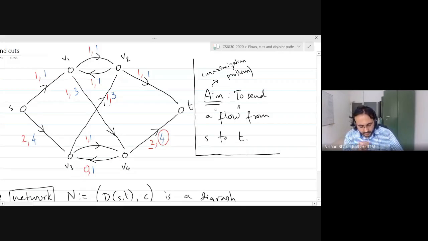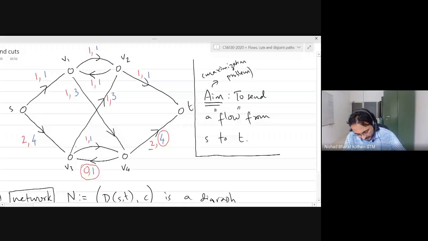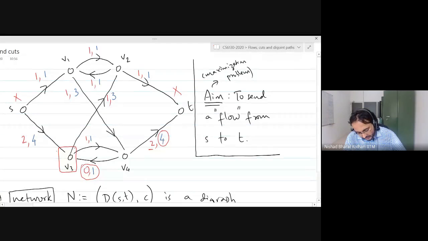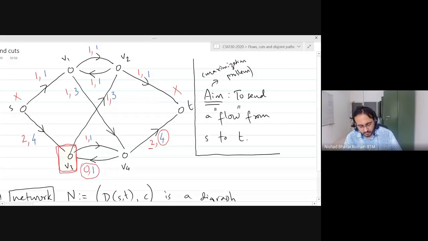So one thing that you notice in this flow is that for every arc, the flow is less than or equal to the capacity of that arc. Another thing you observe here is that if you look at any vertex which is not S and which is not T, because we are sending flow from S to T, if you look at any intermediate vertex, you will see that the incoming flow is equal to the outgoing flow.